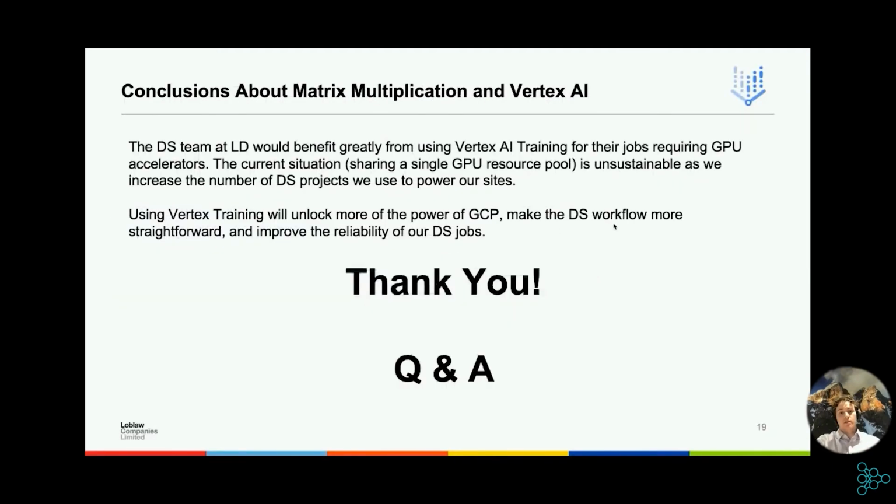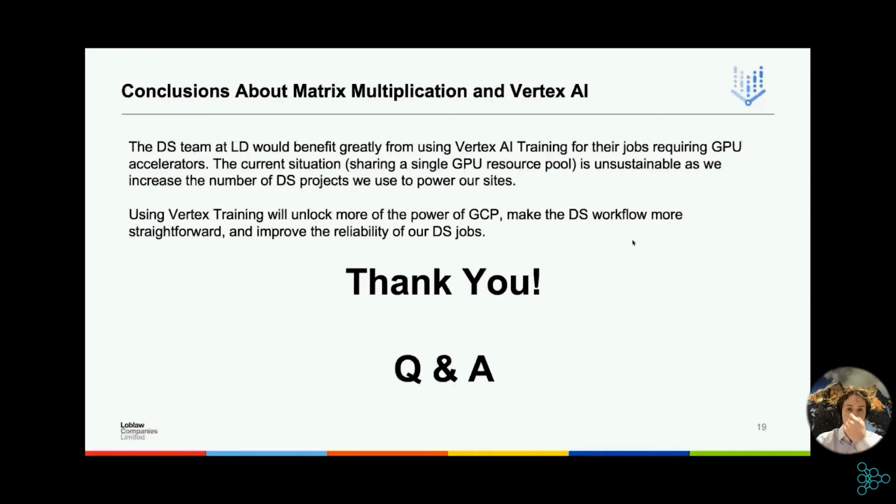So this is where I talk about the implications of matrix multiplication, this pipeline, and Vertex AI for Loblaws. This was the first time that Loblaws has used Vertex AI in this capacity. We haven't used it for training before, but we found that it's an incredibly useful solution to us for the pressing needs that we have for this GPU resource pool.